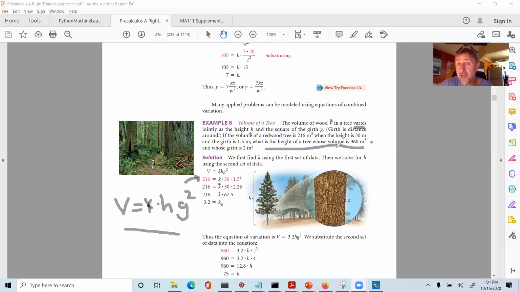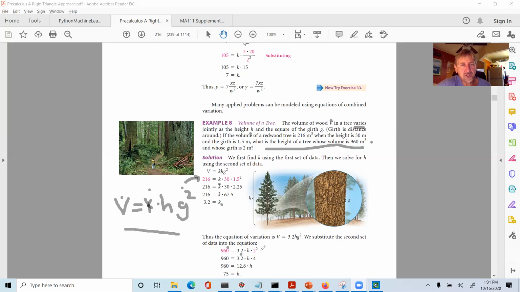Okay, so what is the height of a tree? So there's H, we don't know H. We know k, and they already gave us the volume. So in our equation over here, we know V, we know the girth, and we know k, and we're going to solve for H. So plug in for the V. We already have k.